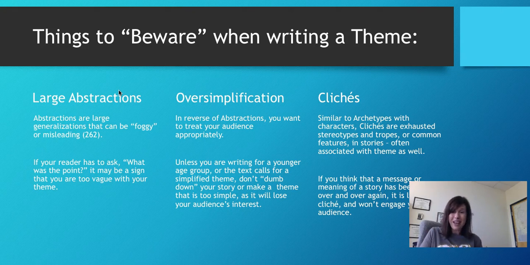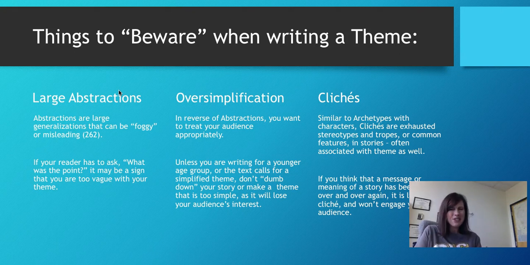And also in that same vein, you don't want to be cliche. And cliche is very similar to archetypes, which we talked about with characters. Cliches are just exhausted, overused stereotypes or tropes, which are connecting elements in a story. So the whole good versus evil, that is a very cliche theme. Or love triumphs all.